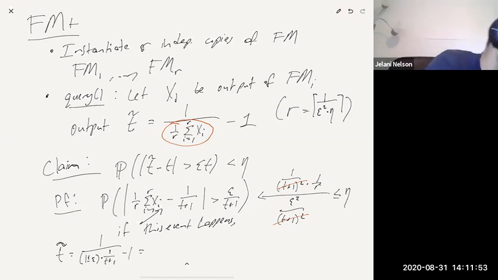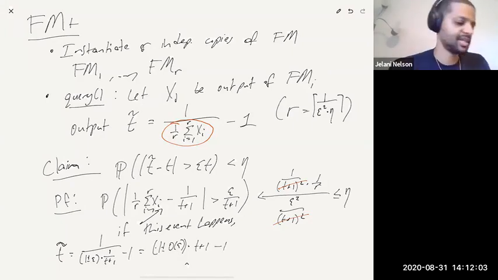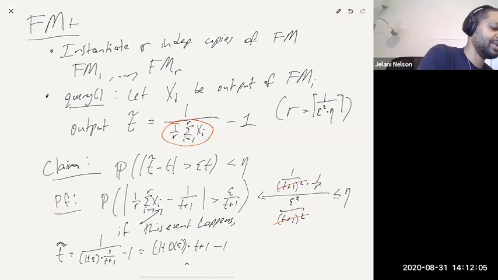And this is equal to (1 plus or minus O of epsilon) times (t plus 1), minus 1. All I'm using here is that basically 1 over 1 plus epsilon is basically 1 minus O of epsilon.